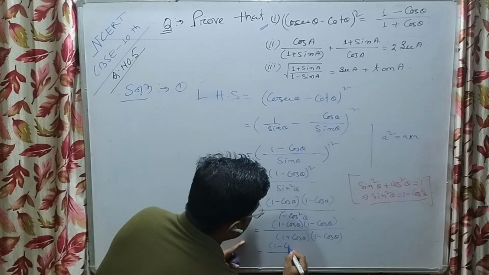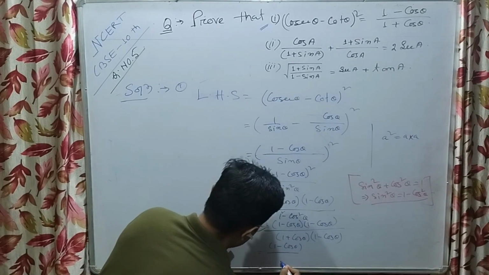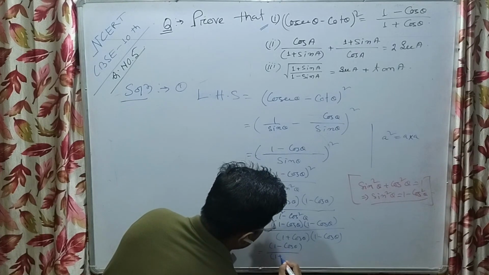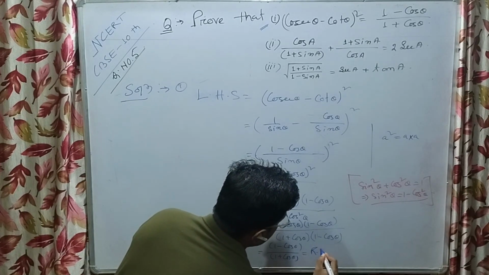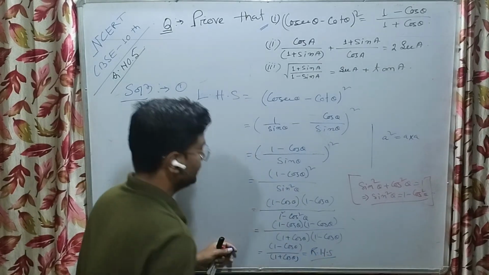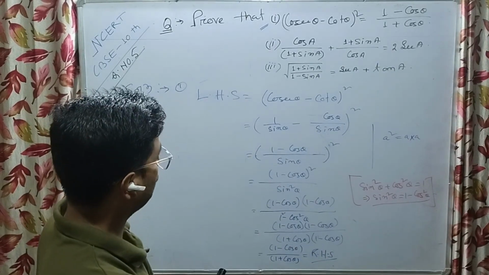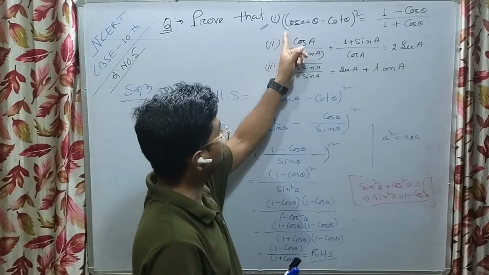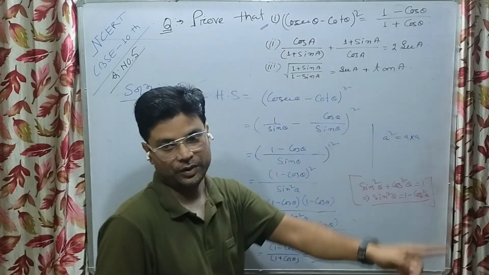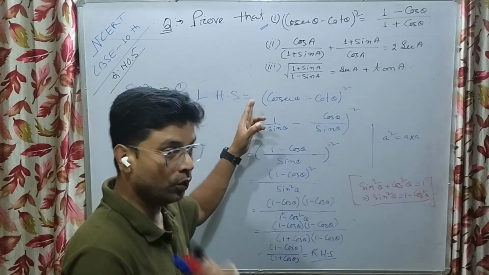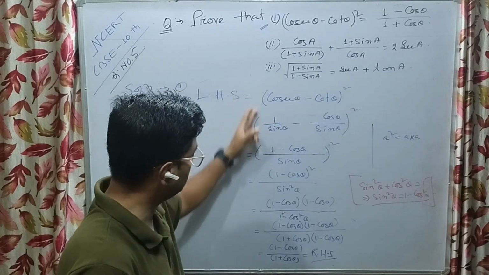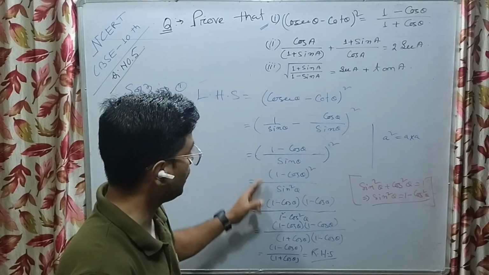Then 1 minus cos theta by 1 plus cos theta is equal to the right hand side. Right, this is the proof of our first trigonometric problem. I hope you all understood this trigonometric problem, how to solve it.